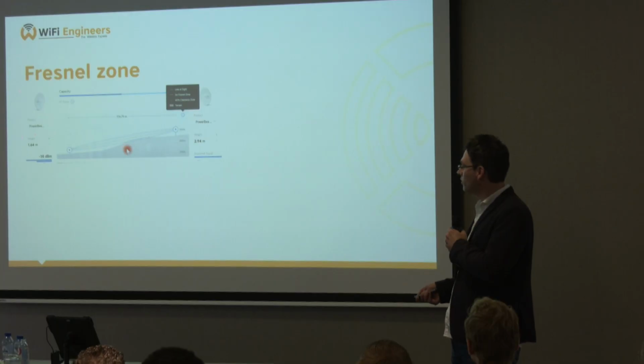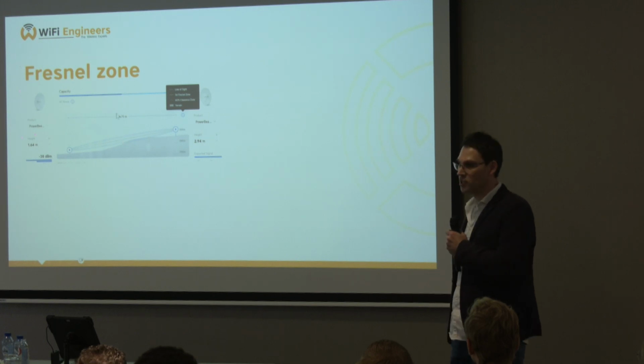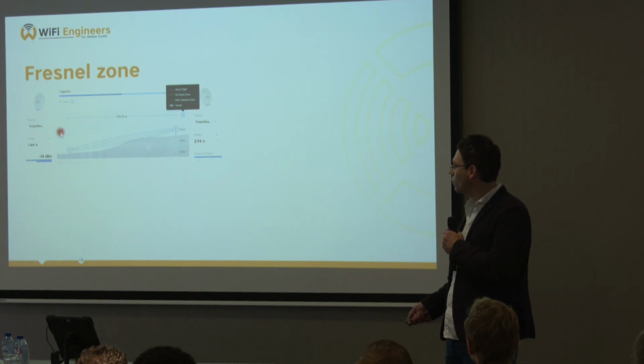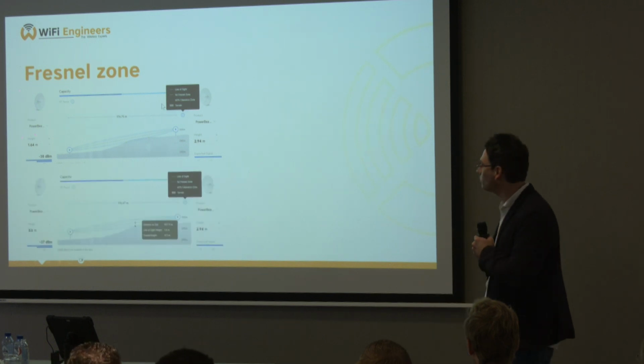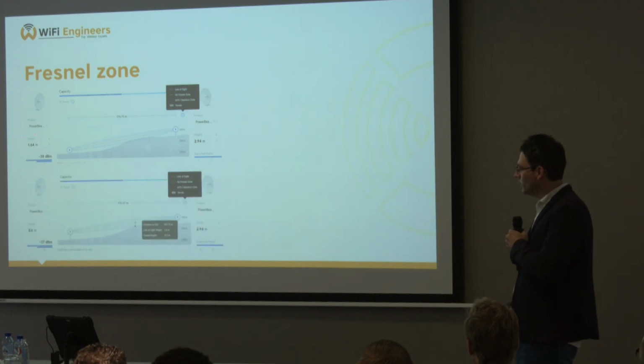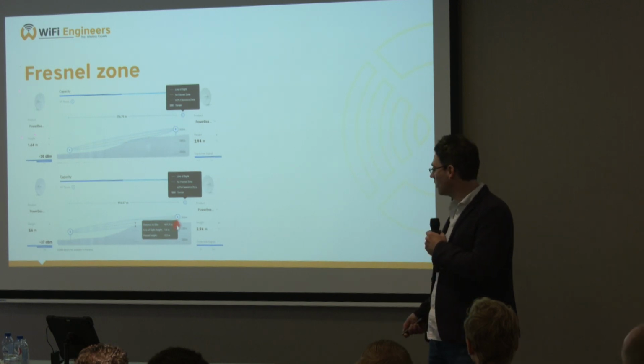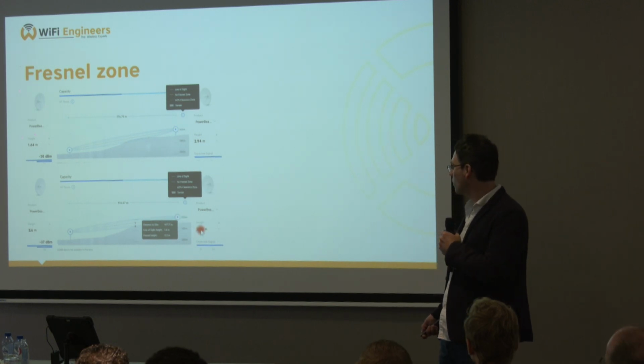In this image, as you see here, this mountain is obstructing the signal path. To solve this, we might need to raise 1 or 2 of our dishes. Let's take a closer look here. On this side, the dishes stay at the same height, approximately 3 meters.